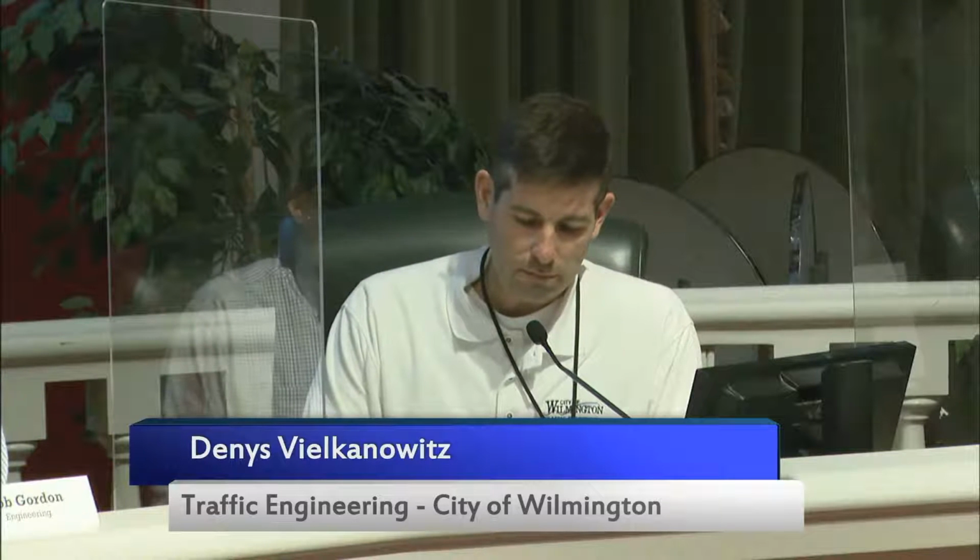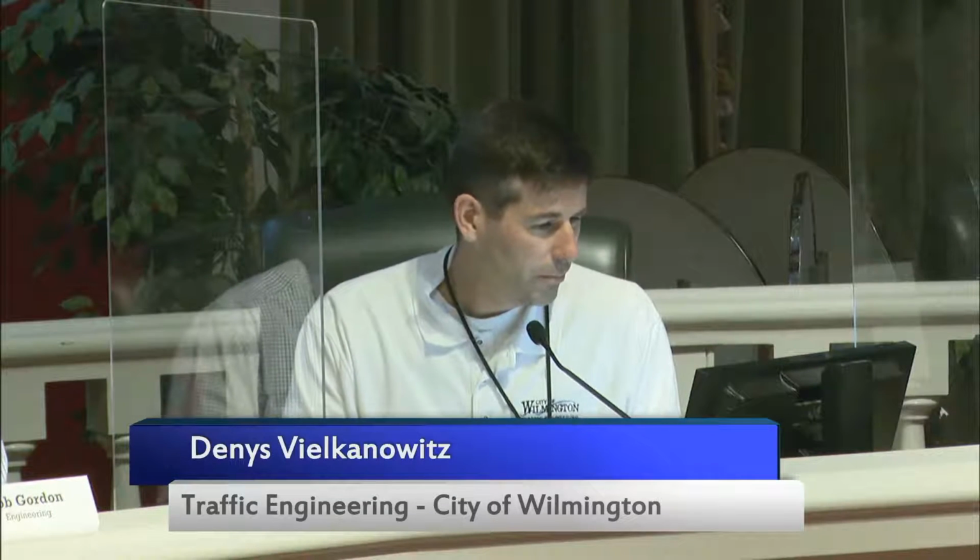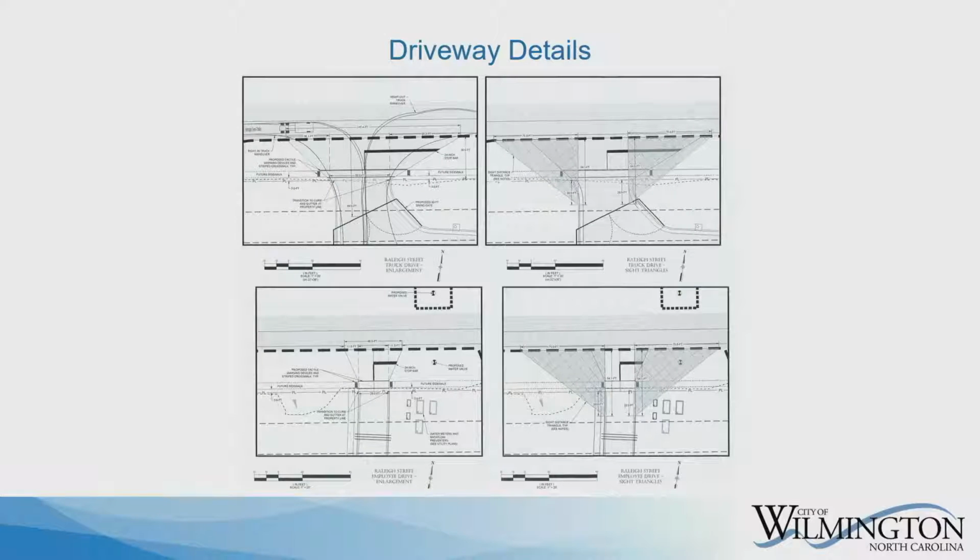I don't know if you can put that on the screen, Brian. In the upper left corner, that's the Raleigh Street truck drive entrance. I'm seeing a right turn in and a right turn out. Yes, sir. That's correct.